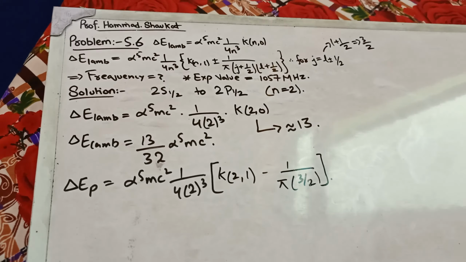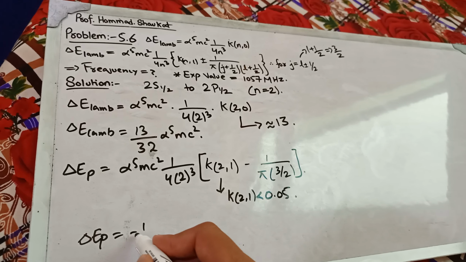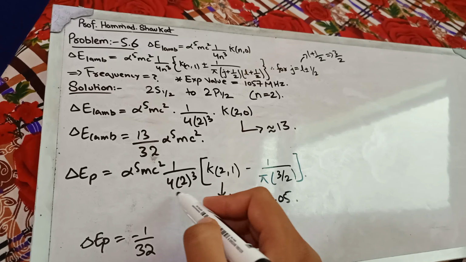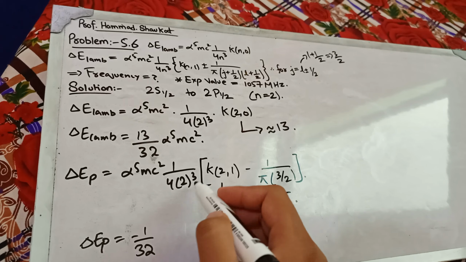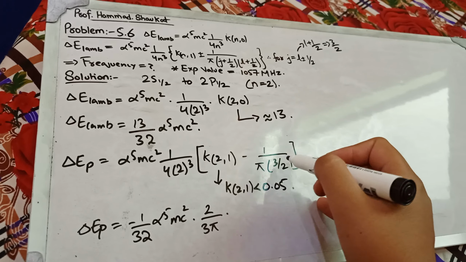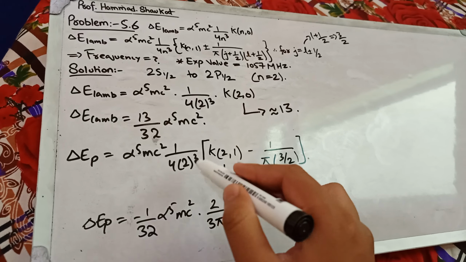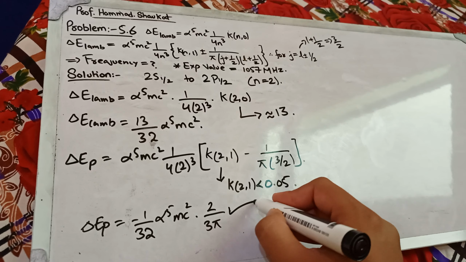You just have to multiply this relation by this relation, and you will get the final result for the ΔE_P Lamb shift, which equals minus 1 by 32, because you are multiplying, times α^5 mc², and it becomes 2 by 3π. The 2 becomes upside, so it becomes 2 by 3π, and the α^5 is the same, 1 by 32 is as it is. So this is your relation.